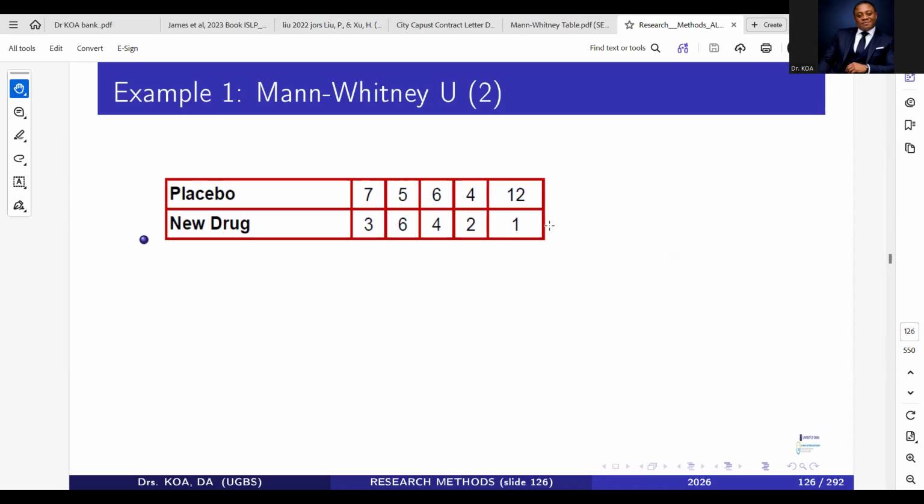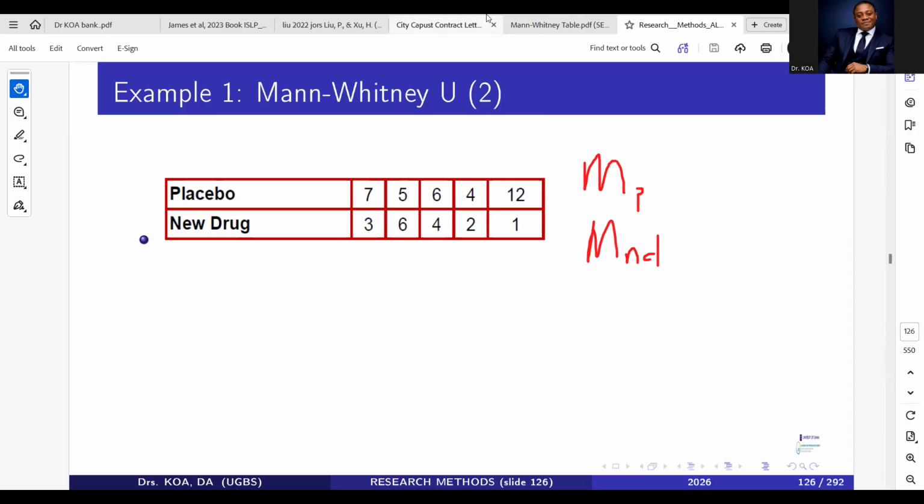So on the basis of this, I want somebody to tell us how you would have formulated the hypothesis. If you are representing the median for the placebo, call it M subscript P. If you are representing the median for the new drug, call it M subscript ND.